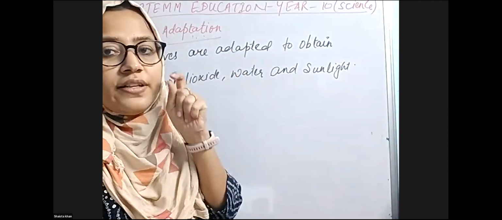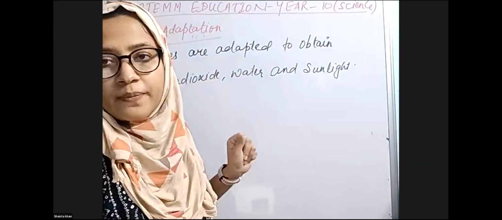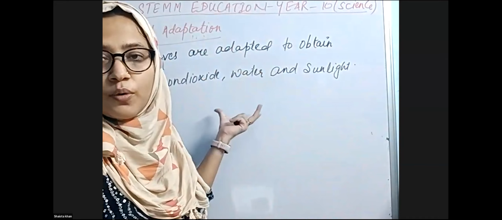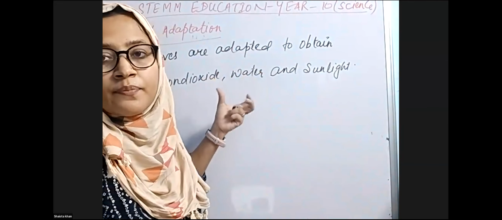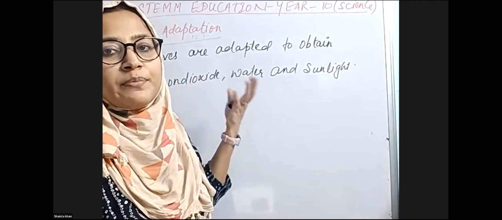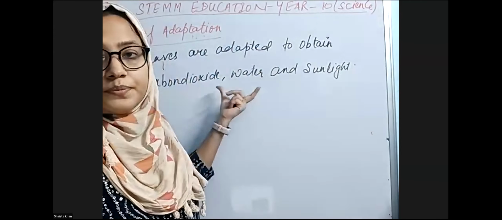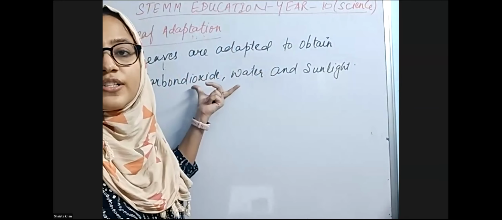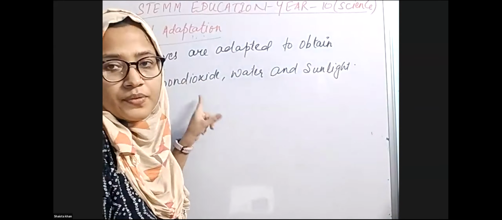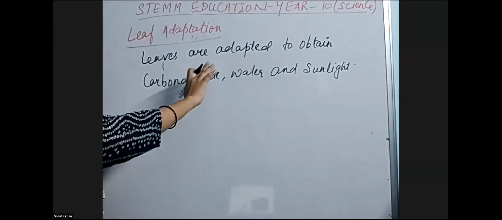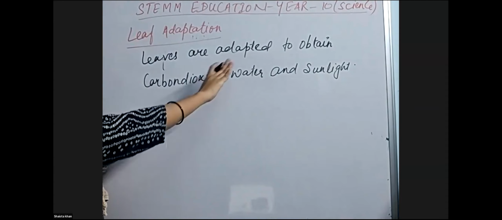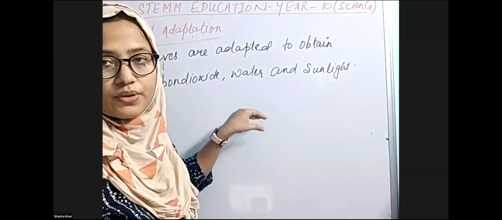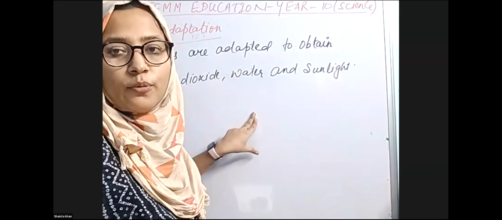Leaves are the important organ which adapts according to the situation, so that they can gain more light, absorb water, and also absorb air, or specifically carbon dioxide from the air, right? These are adaptations to obtain these inorganic substances from the atmosphere. All right, I hope it is clear.